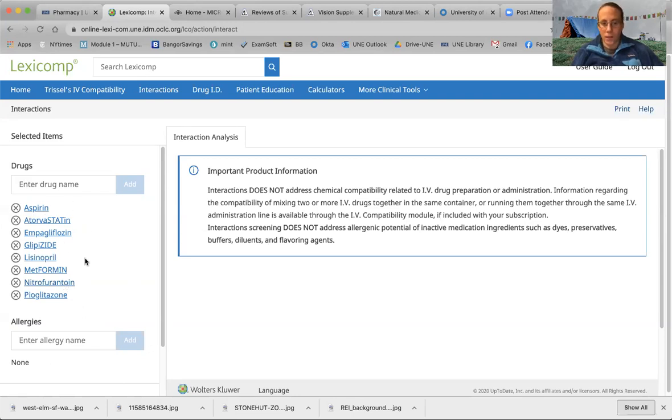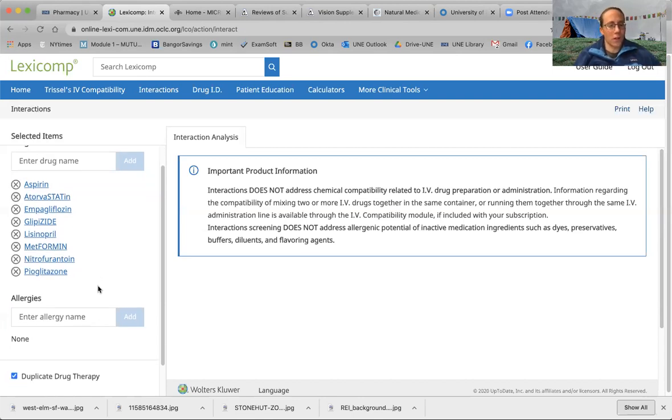And I'll give you a little teaser. You should be thinking about this from a global picture, maybe not for the IGEP experience, but certainly when you're out on APPEs and looking at a patient's list like this. There's a medication on this list that has a side effect that overlaps with an indication here. So as you're putting everything together, you want to be thinking about those things.